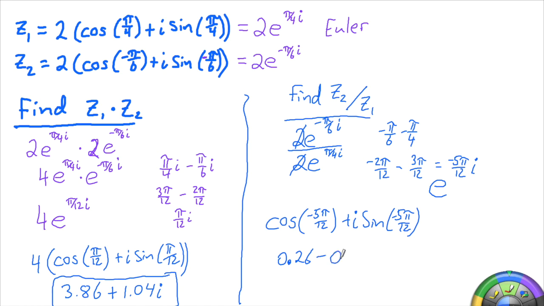So it'll be negative 0.97i. And that would be the quotient of Z2 and Z1. So it's kind of a neat trick to change it into Euler's formula. Euler tells you what to do with your angles, and then all you have to do is plug it back into polar form.